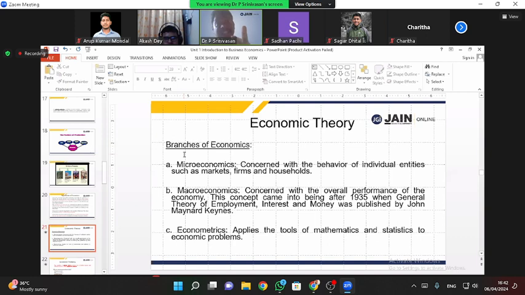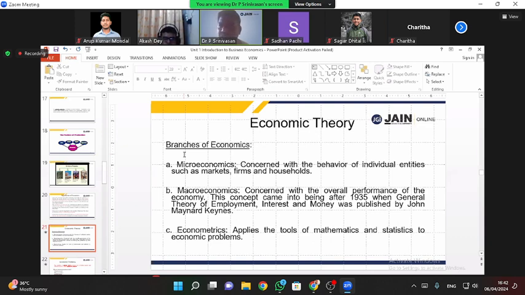These are the basic differences. Microeconomics deals with the internal operation of the business firm, whereas macroeconomics deals with the performance of the economy, the external factors. What are the external factors? A simple example: GST.